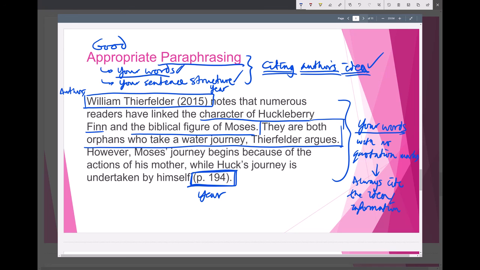They're your words. The sentence structure is different. It's your sentence structure. And the last sentence has the same thing. Author's idea, because it's from the book, but different sentence structure. Moses' journey begins because of the actions of his mother, while Huck's journey is undertaken by himself.